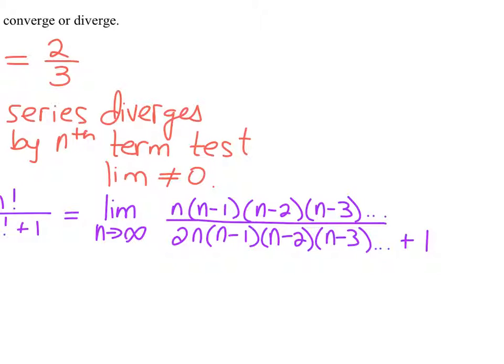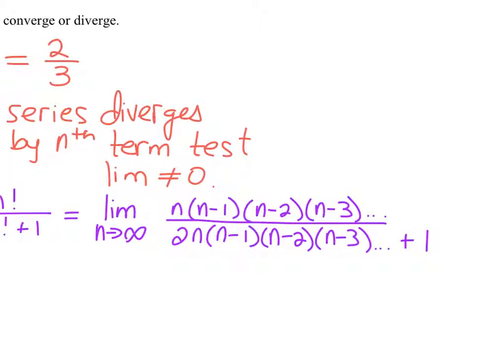What would the highest power be? 4. Yeah, because I'd have 4 n's. There would be some n cubes, n squared, n to the first, and some constants in there, but it would begin with an n to the 4th.